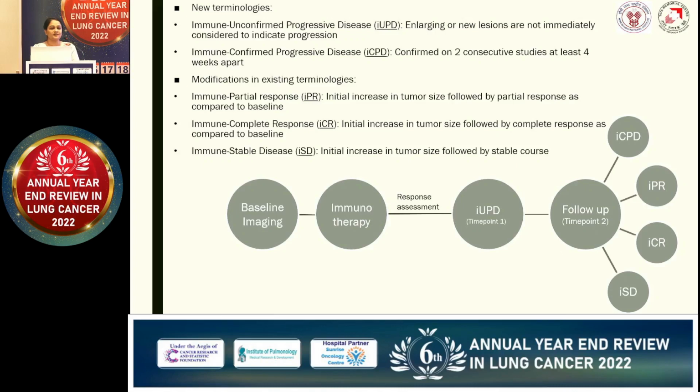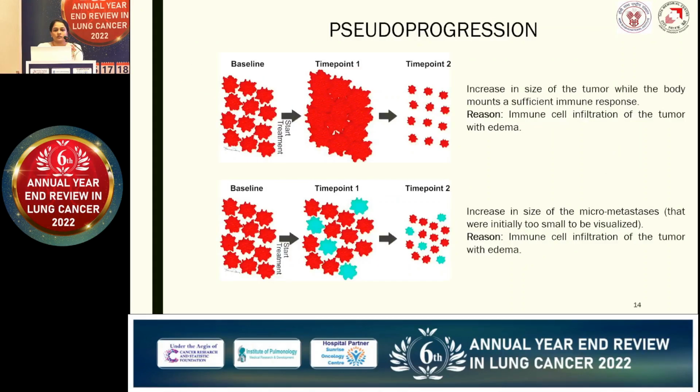If there is an increase in size of the lesion at that point, or if there is development of new lesions, it is termed as immune unconfirmed, because we need to take another scan at least at an interval of 4 to 8 weeks to see whether it is a confirmed progression or there is a change into either partial or complete response, or there is a stable disease. So representation, as I said, baseline scan, starting of treatment.